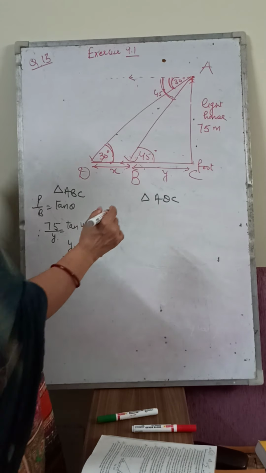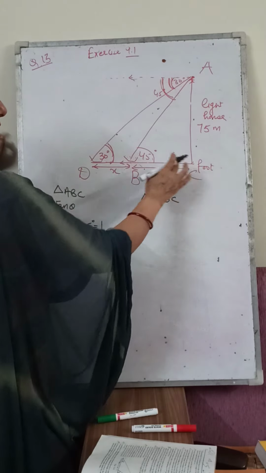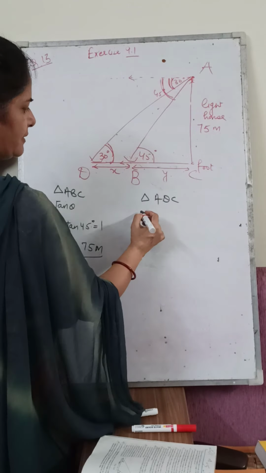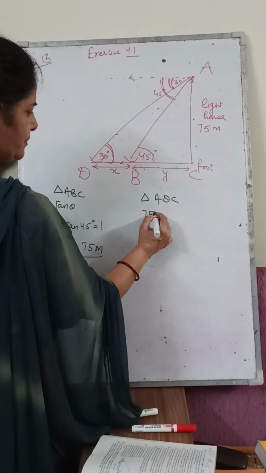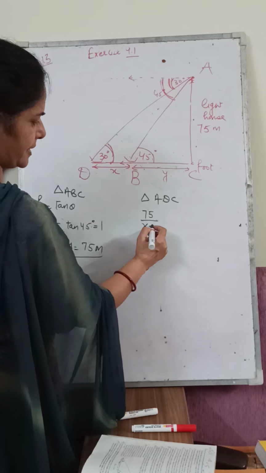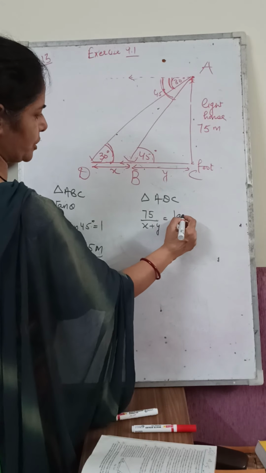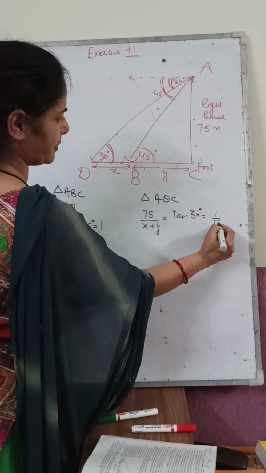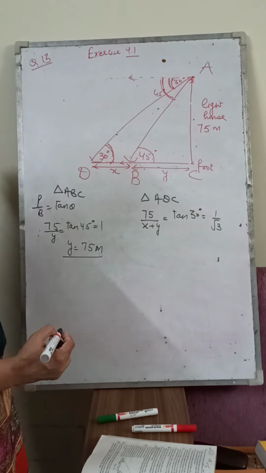Clear? Now come to triangle ADC. Here the side opposite means perpendicular is 75 upon side adjacent means base is x plus y is equal to tan 30, and you know tan 30 is 1 by root 3.